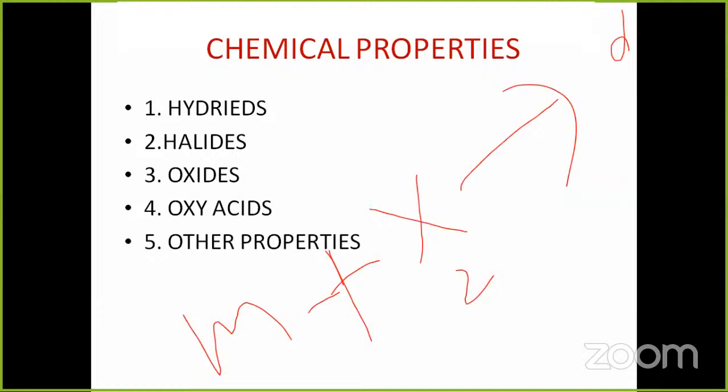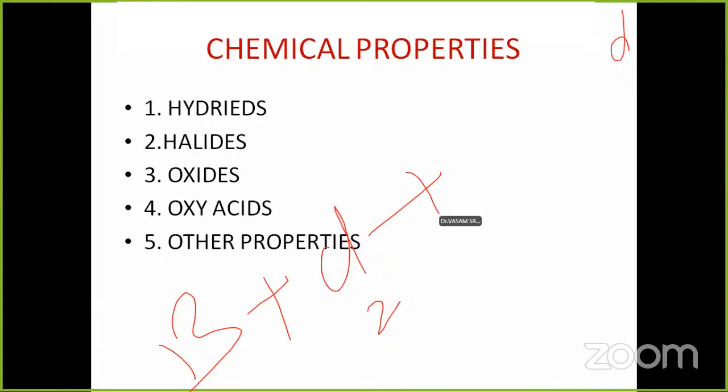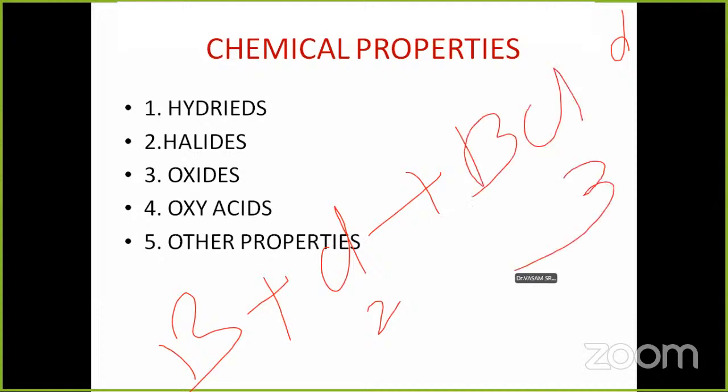So when group elements interact with halogens they give halides. The best example is the third group element, boron. Boron with chlorine gives BCl3, a halide of boron. Because according to crisscross, the boron valency is plus 3 and the chlorine valency is minus 1, we get BCl3.